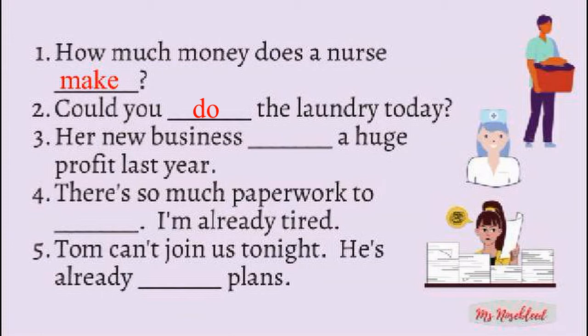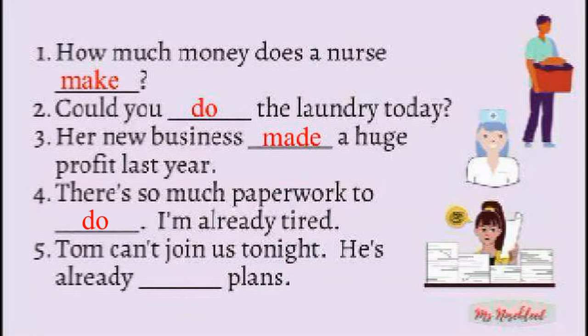It's in the past. So you need to give me make or do in the past form. Okay? So her new business, very good, made a huge profit last year. Number 4, there's so much paperwork to, yes, do. I'm already tired.